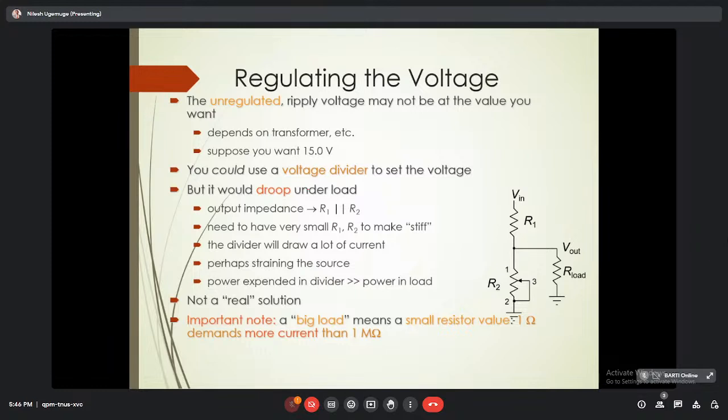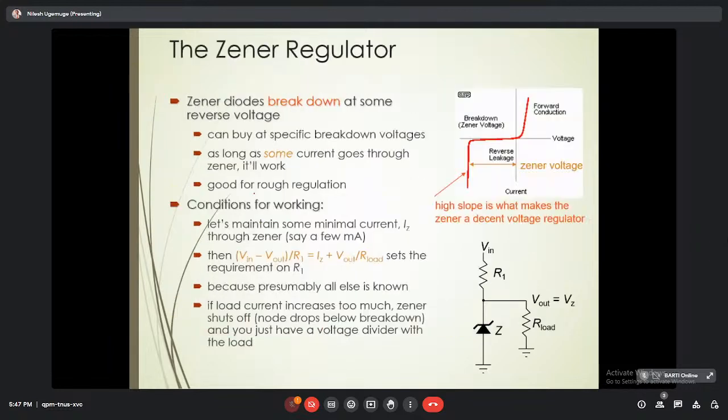Suppose we want 15 volt DC, then we can use a transformer which gives us 230 or 250 volt AC to 15 volt AC. You could use a voltage divider to set the voltage, but it would drop under load. So output impedance and these parameters we have to take into consideration.